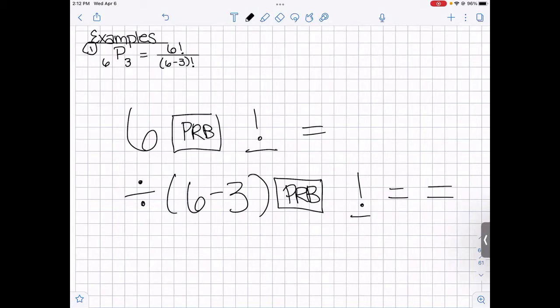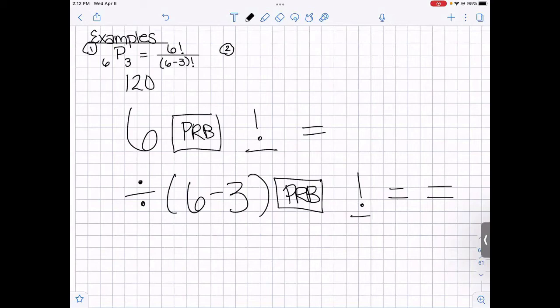So divided by 6 minus 3, parentheses, and then you go back here. Get that and hit equals. So now you have the whole problem. Just write that down. So the answer is 120. Make sure you get that written down. Is everybody that was copying down how to type it in got it? No? Okay. I'll leave it up there.